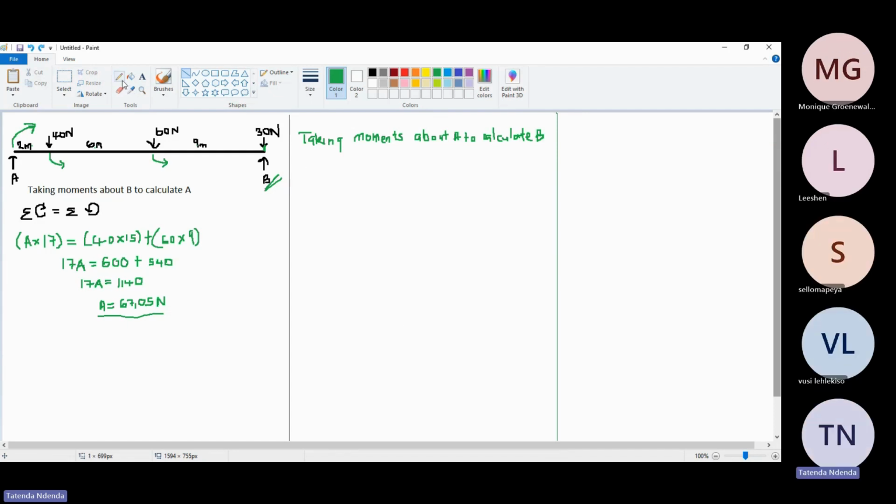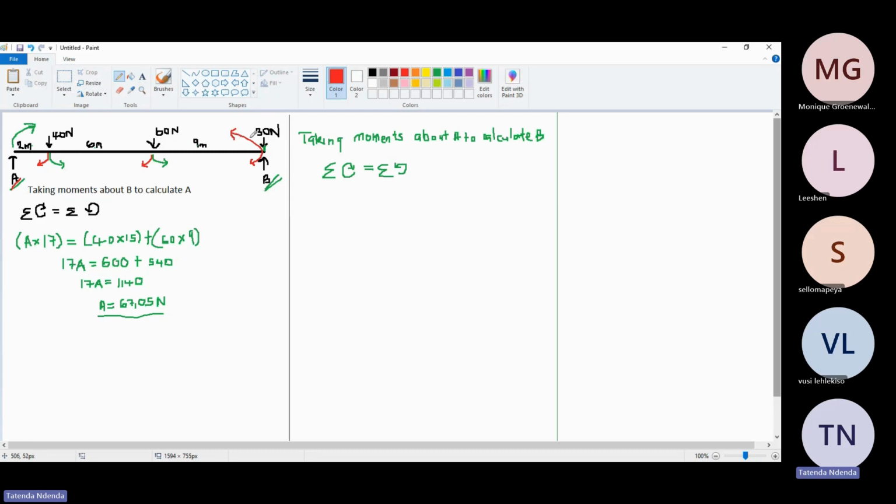Okay, so now we are going to say the summation of clockwise moments is equivalent to the summation of anti-clockwise moments, right? So A becomes our fulcrum at the moment. A is now our fulcrum, so everything is now moving towards A like that. So this one is going to move towards A, and this one is going to move towards A, and this one, and this one.